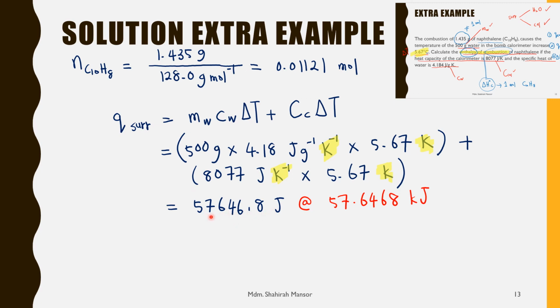To make writing easier, I convert this joule into kilojoule. So you just have to divide by 1000 from here to get kilojoule.